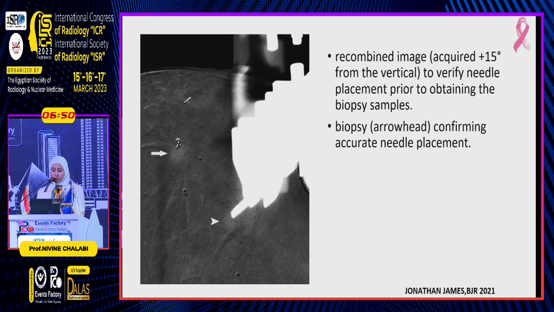A recombined image plus 15, because after we put the needle into the biopsy site, we take only one image, which is here a plus 15, and the accurate needle placement was confirmed. The pathology returned as an IDC, and the patient had a mastectomy.